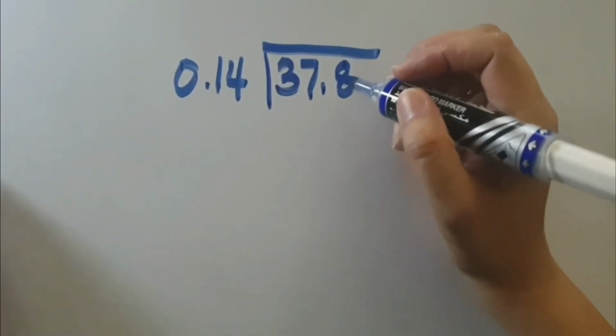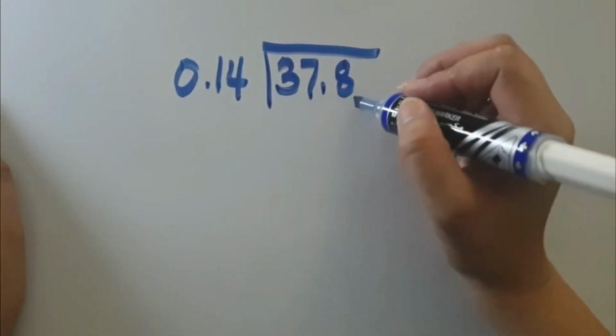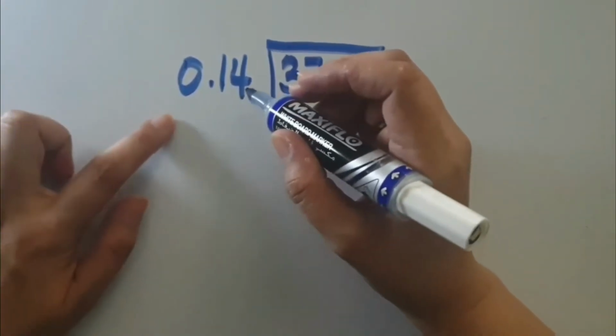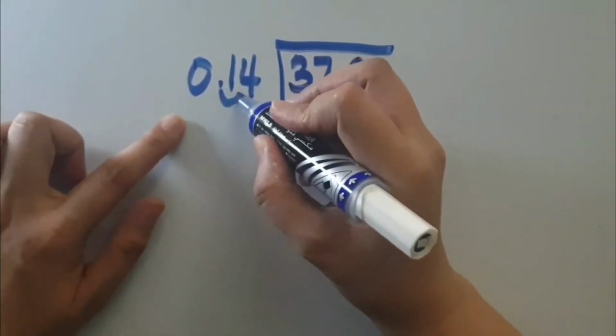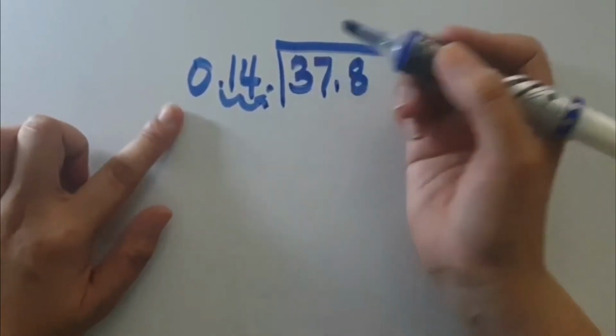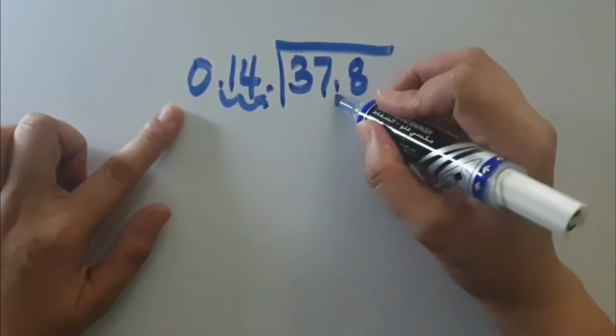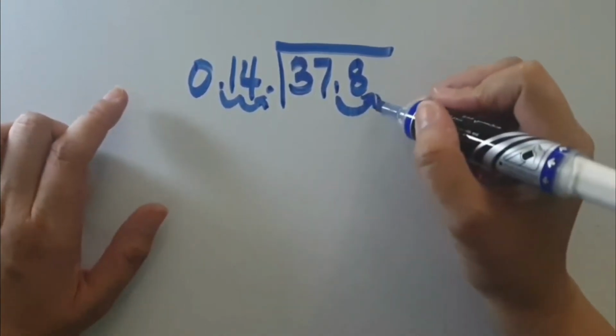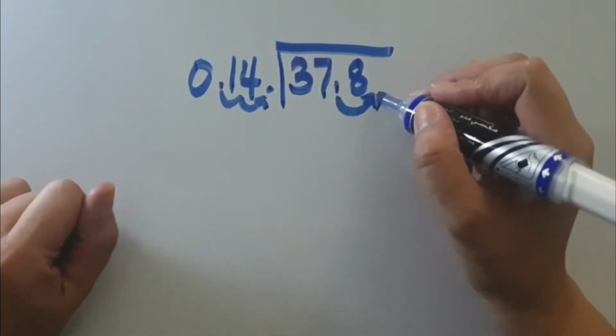Now let us try this one. We have 37.8 divided by 0.14. So check your divisor first. So we need to move 2 places to the right. Whatever you do with the divisor, do it with your dividend. Move 2 places to the right. But, oh, we only have 1. What should we do now?